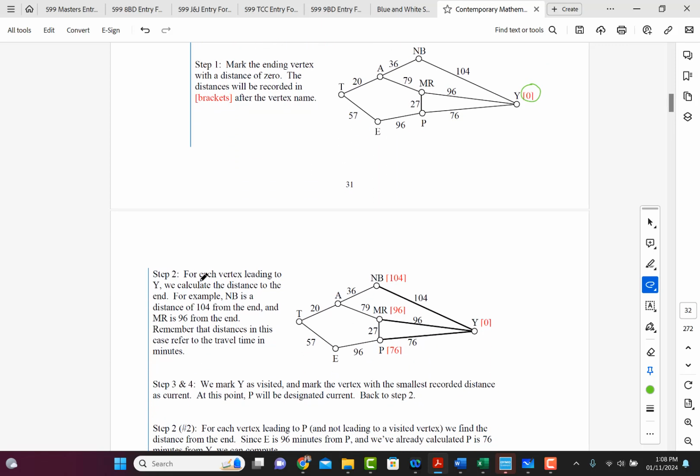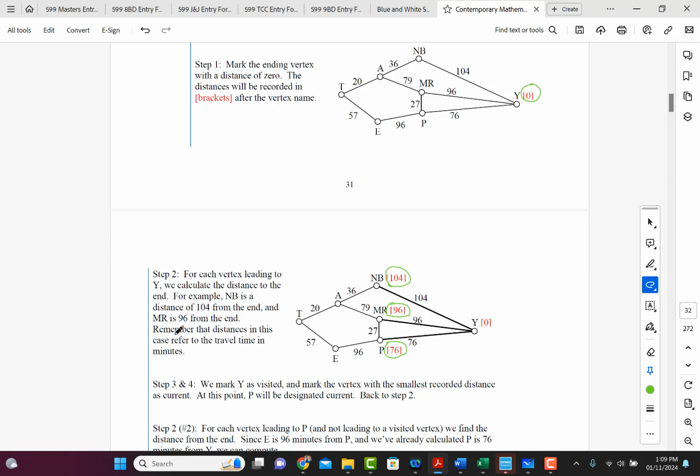Okay, so step 2, for each vertex leading to Y, we calculate the distance to the end. And those are in brackets. North Bend is 104, so we've got that in brackets here. And we've got 96 in brackets here for Mount Rainier, and then we've got 76 for P. For example, NB is a distance of 104, so we have that in brackets.